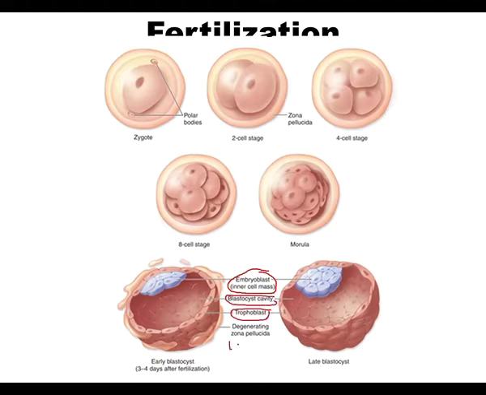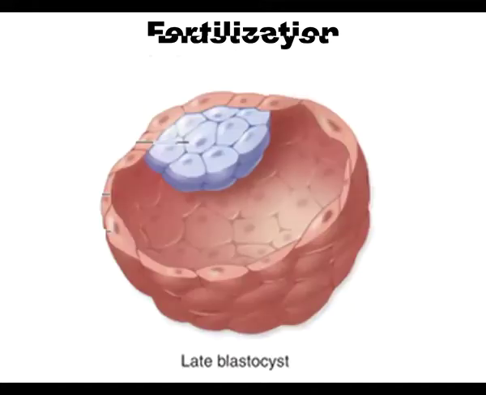The major difference between the late and the early blastocyst is the degenerating zona pellucida in the late blastocyst. This is an enlarged image of the late blastocyst. You can see the inner cell mass, the trophoblast and the blastocyst cavity.